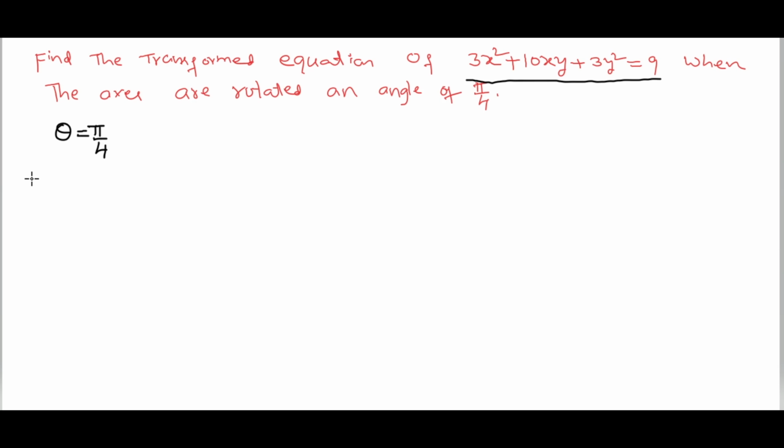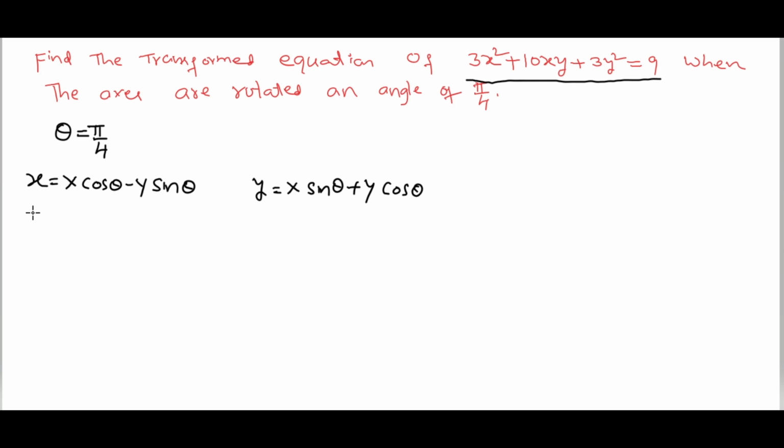We know the formulas, that is small x is equal to capital X cos theta minus capital Y sin theta, and small y is equal to capital X sin theta plus capital Y cos theta.